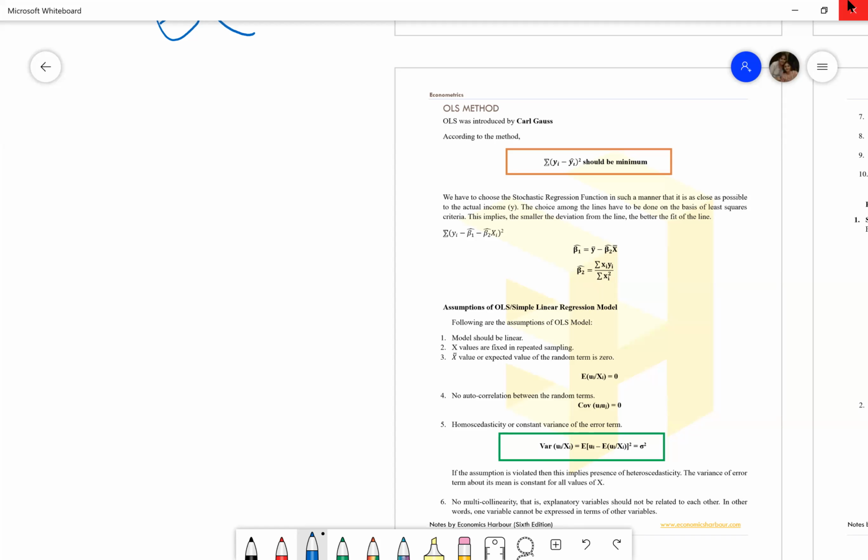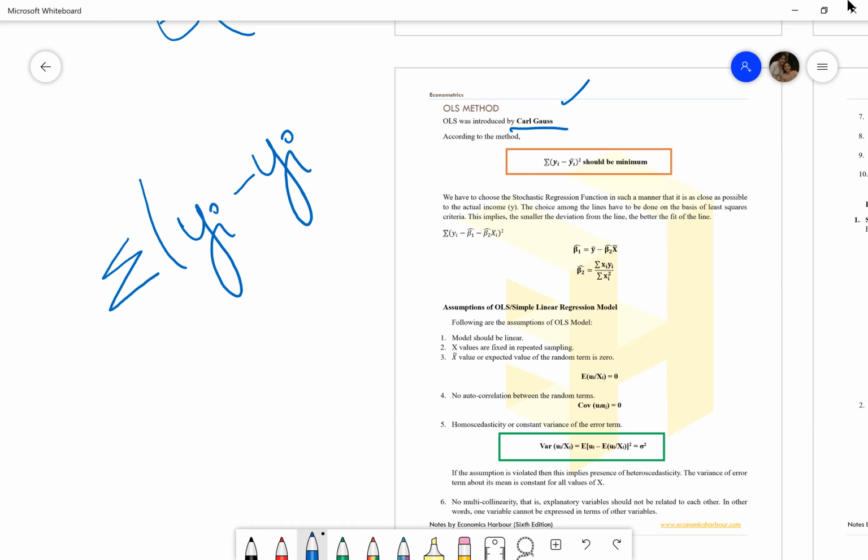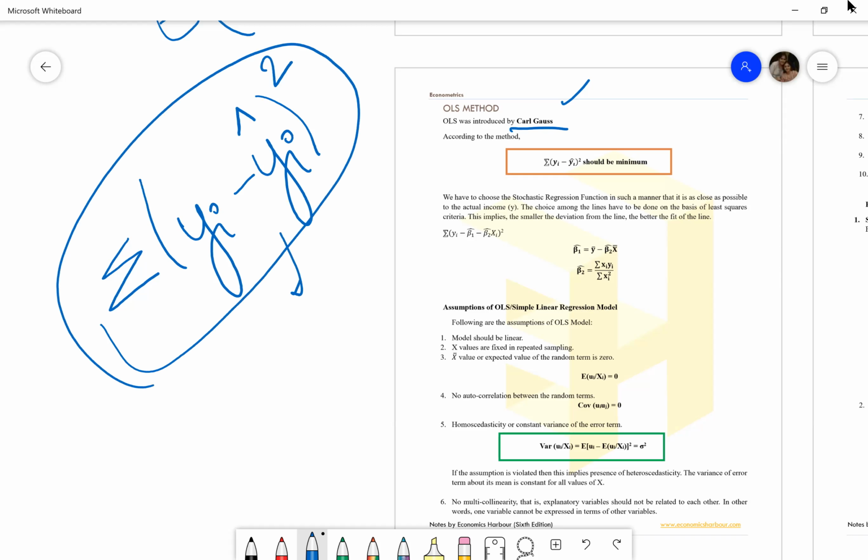Let's go on to our OLS method. Yes. Okay, so the OLS method was given by Carl Gauss. That's the basic thing. In this case, we try to identify a model in such a way that our population variable minus our sample variable, the difference between them, squared, should be minimum. What does it imply?